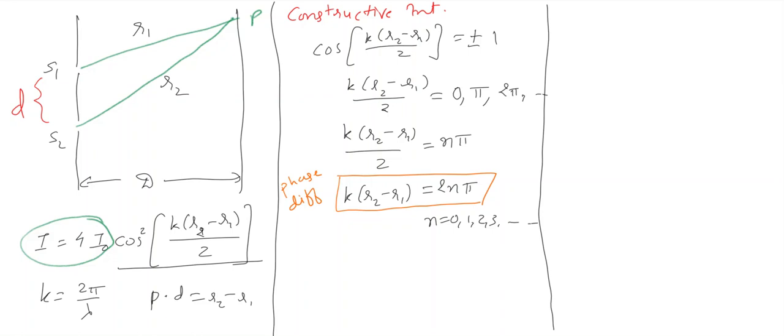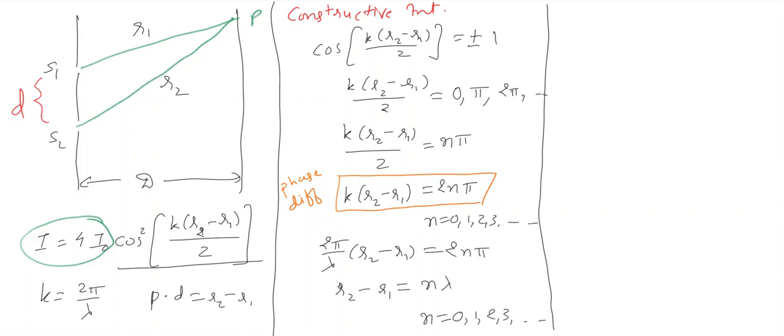But if I want path difference, I'll have to make R2 minus R1 the subject of the formula. So I'll take 2 pi by lambda instead of K. Okay. And now simplify. What is R2 minus R1? So R2 minus R1 now, 2 pi gets cancelled, and it is n lambda. That is what we earlier discussed, that path difference has to be n lambda, an integer multiple of wavelength.